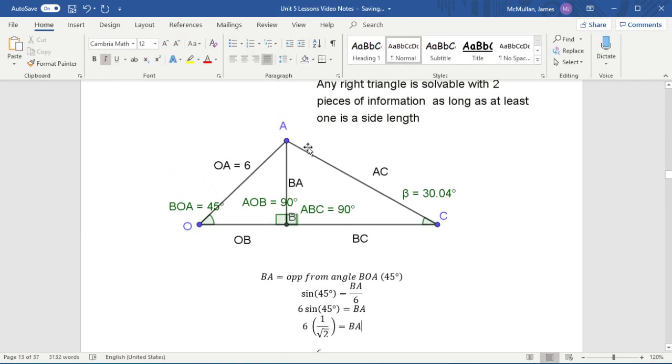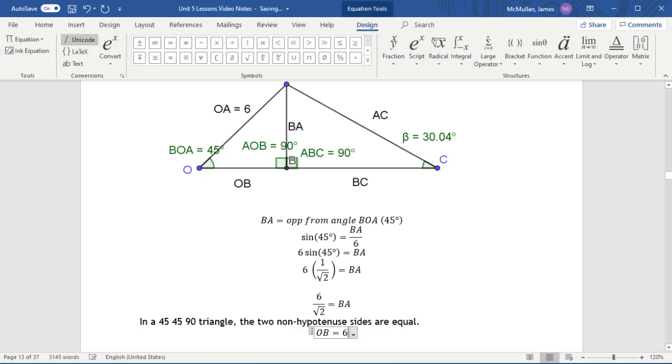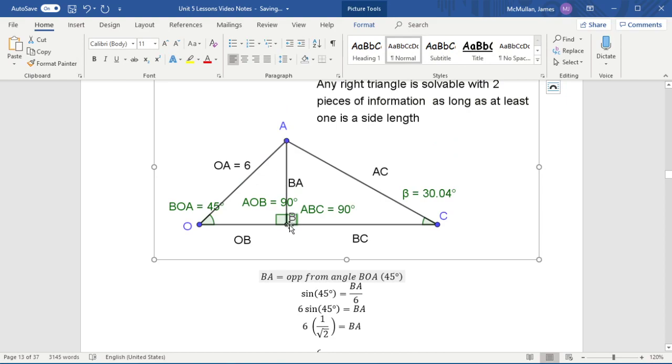Okay, now this is a 45-45 triangle, so let's write down underneath: in a 45-45-90 triangle, the 2 non-hypotenuse sides are equal. So therefore, OB must also be 6 over square root 2. Because in a 45-degree triangle, this side and this side have to be the same.